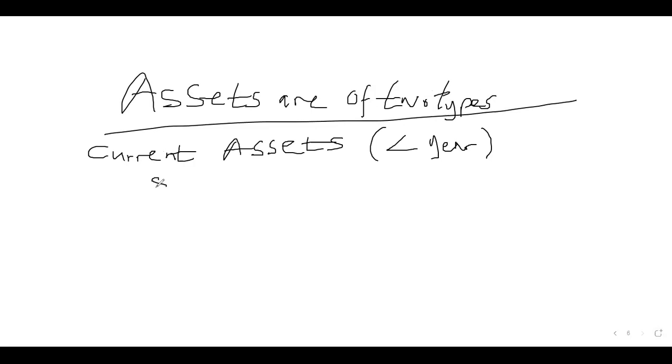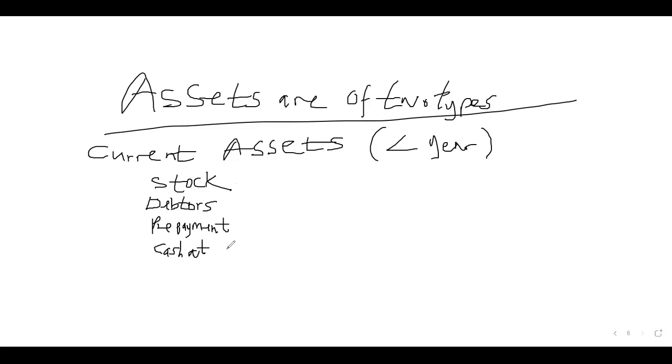So we have the stock. We also have debtors. So this is another component of current assets. So stock, we have debtors, we have a prepayment, then we have cash at bank, which is also a current asset.